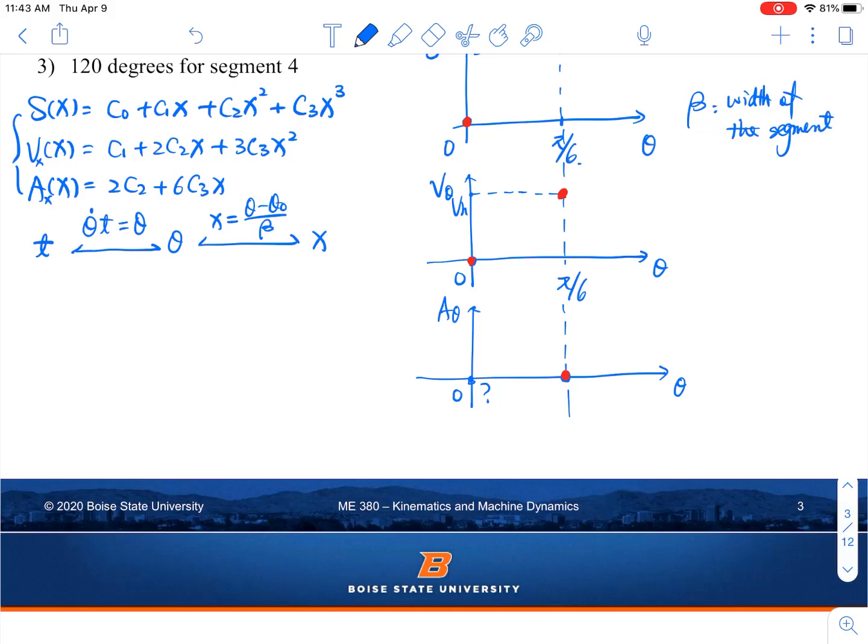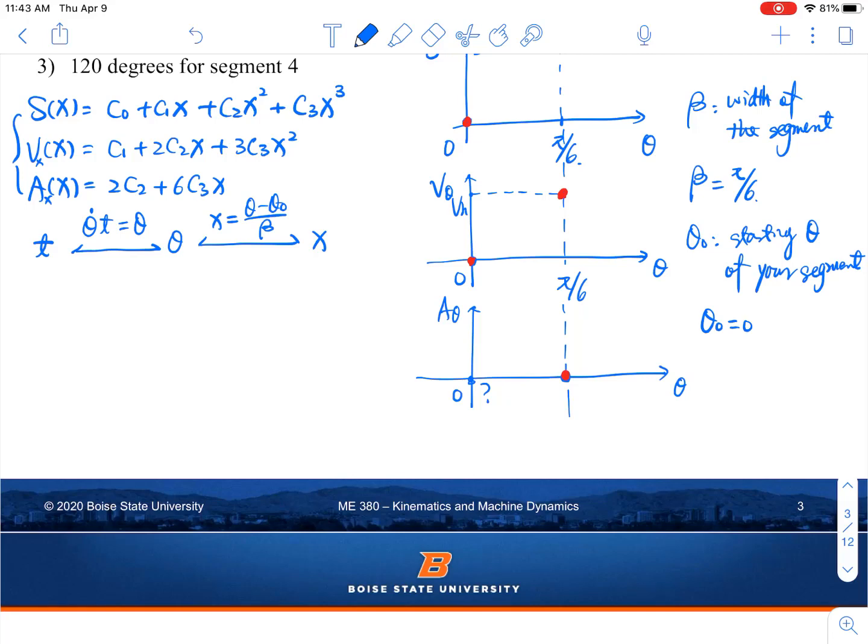So in this case, your beta is 1/6 pi. And then theta naught is the starting point, starting theta of your segment. And in this case, your theta naught is directly 0. So that makes your life much easier.